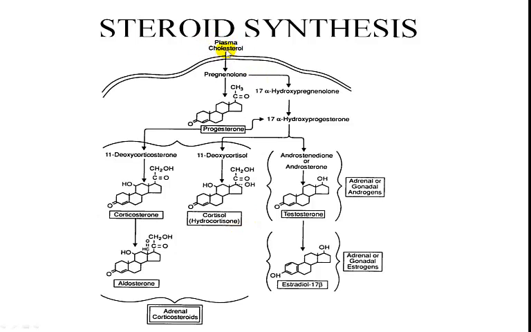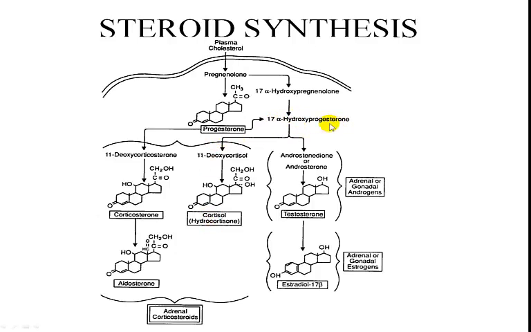And they depend upon cholesterol as the ultimate precursor substrate, and it can be converted to pregnenolone, and then to the progesterone, and from the progesterone to the aldosterone, corticosterone, or from the 17-alpha hydroxyprogesterone to the cortisol or hydrocortisone.